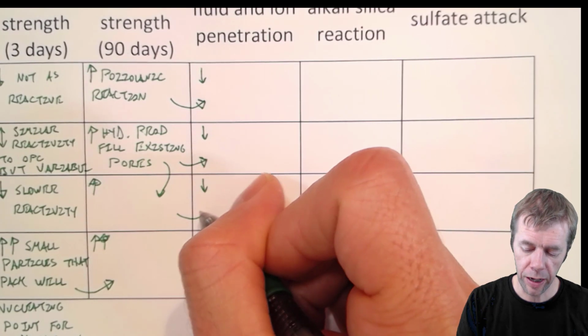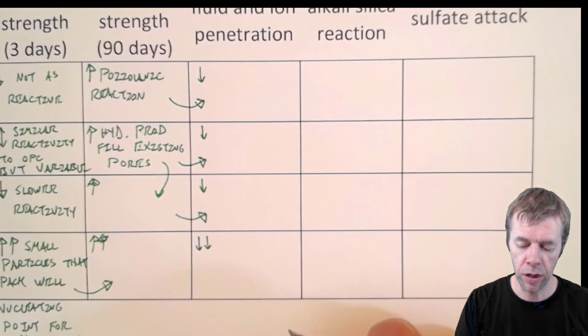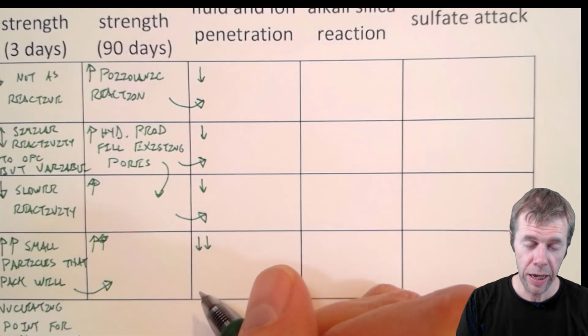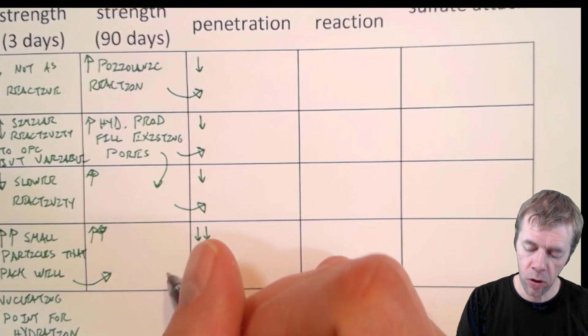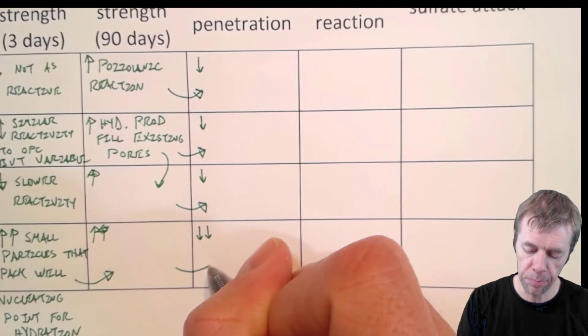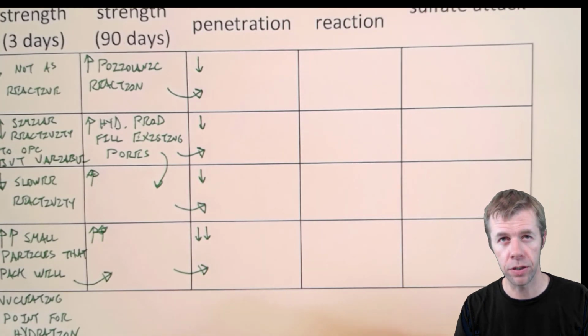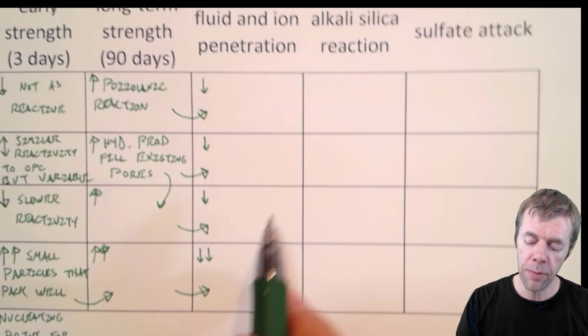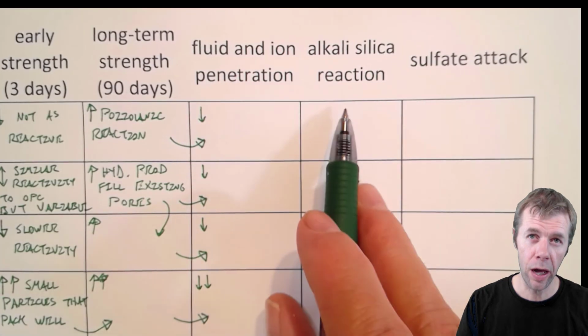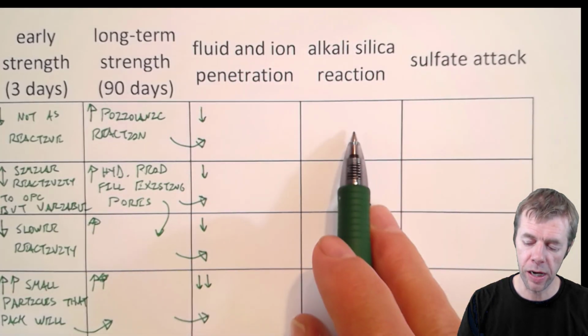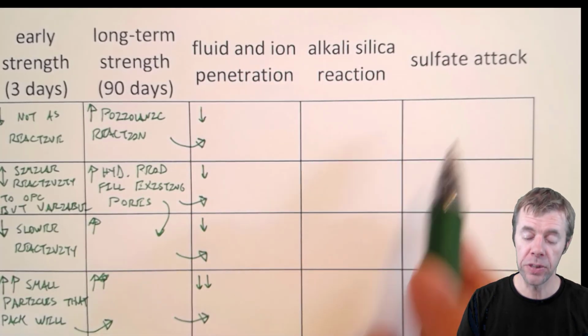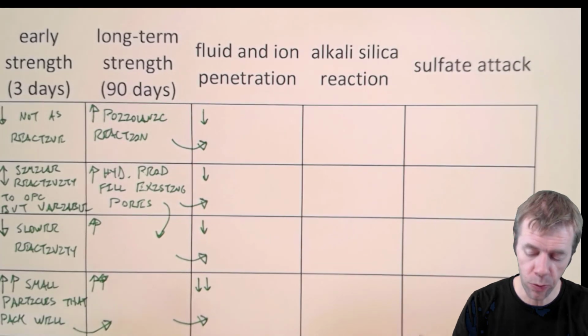Same thing for the slag, and that's going to help reduce fluid and ion penetration. And again, all these small little particles are going to help block and keep things out. And really, when you can keep fluid out, then you're going to help out with alkali-silica reaction and sulfate attack. But there's even more it can do.